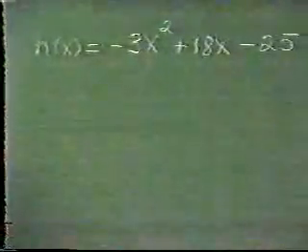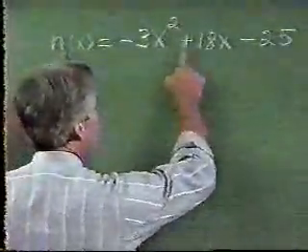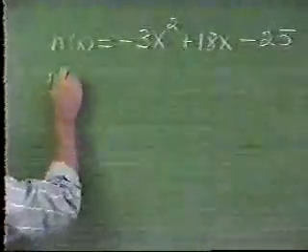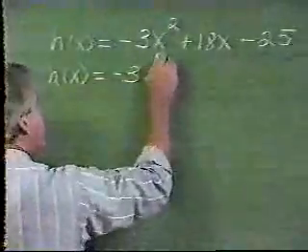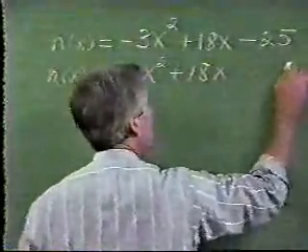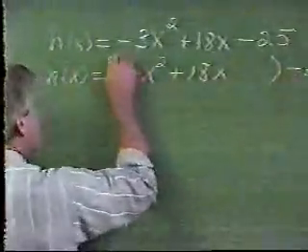Well, one more. Suppose we have h of x is negative 3x squared plus 18x minus 25. Now again, we'll begin by thinking about separating the existing constant. Kick it out just a bit and think of the problem more like this.